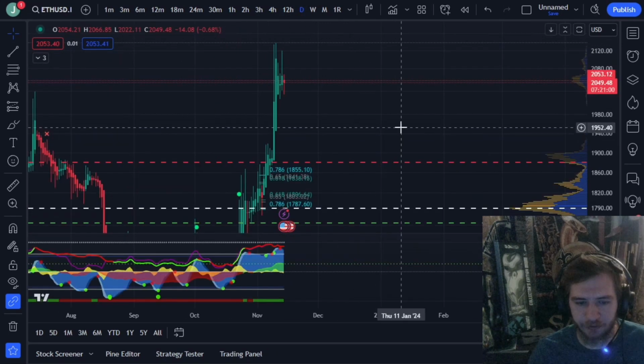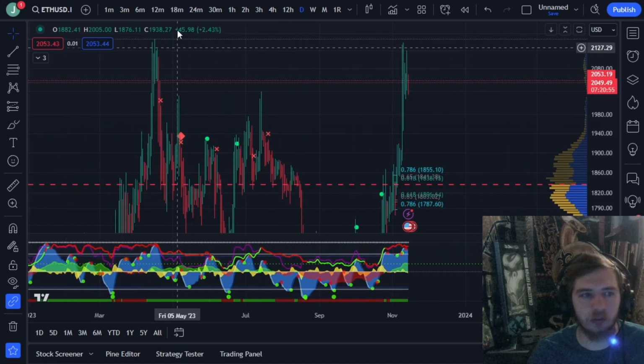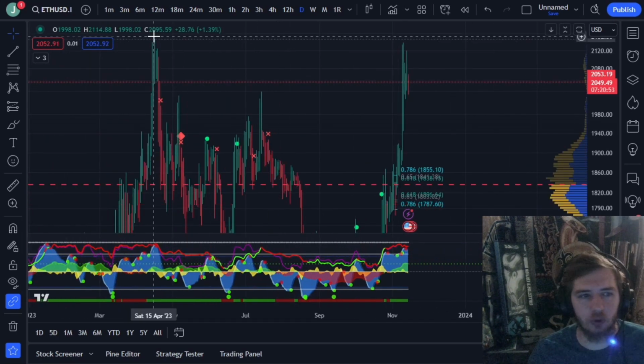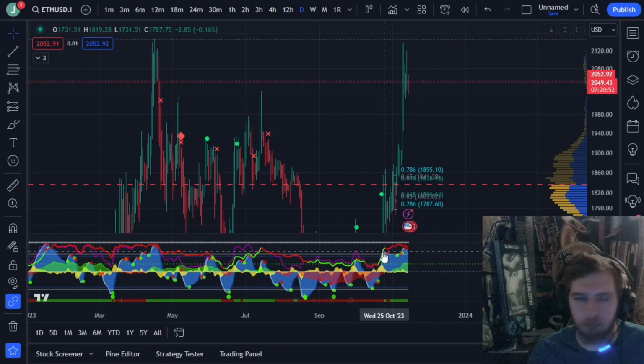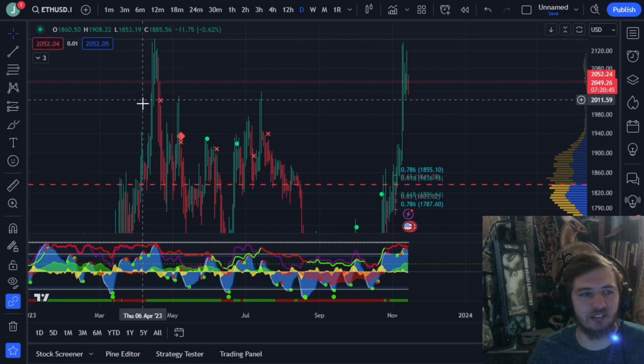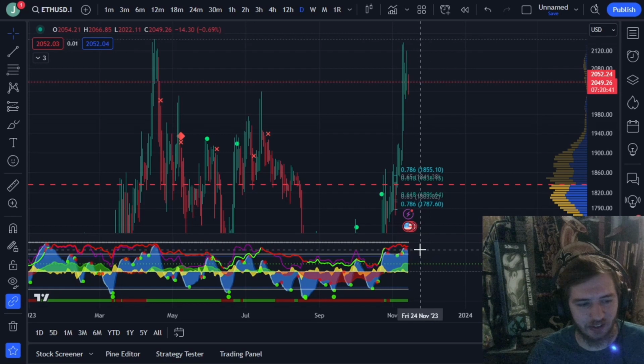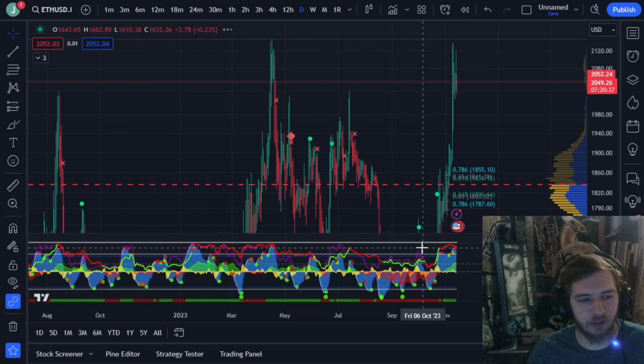Let's go to the daily here. Not quite making bearish. Yeah, it might be, because technically this is your high, right? But momentum is going down. That's still a pretty high momentum wave there.